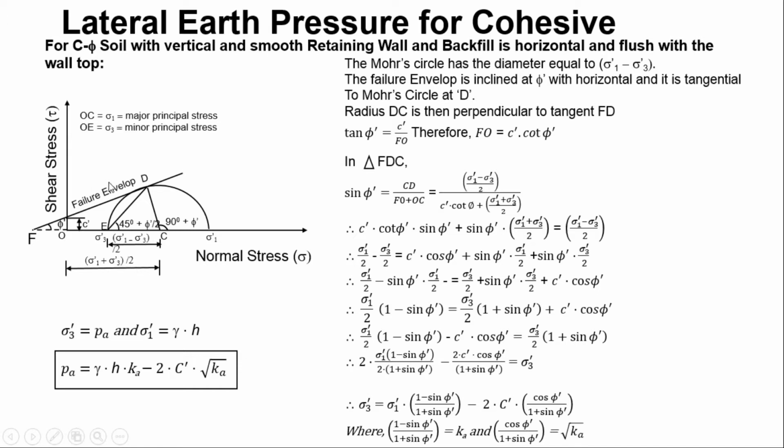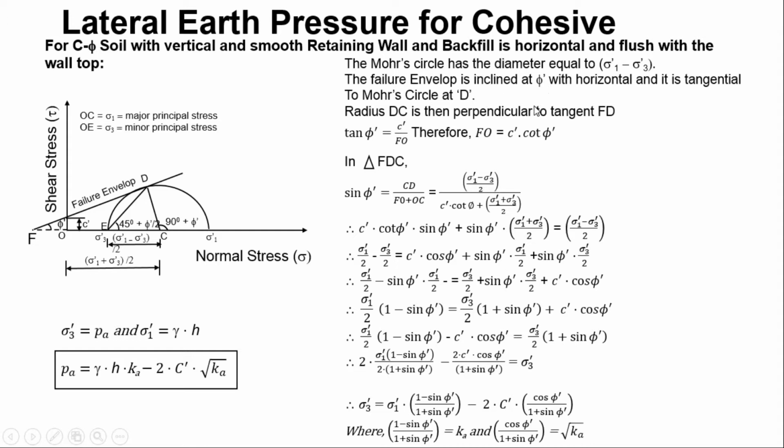As this soil is a C-phi soil, it has a y-intercept representing the cohesion c dash, and when it is extended backwards to cut the normal stress axis, the failure envelope makes an angle phi with the normal stress axis, or with the horizontal.